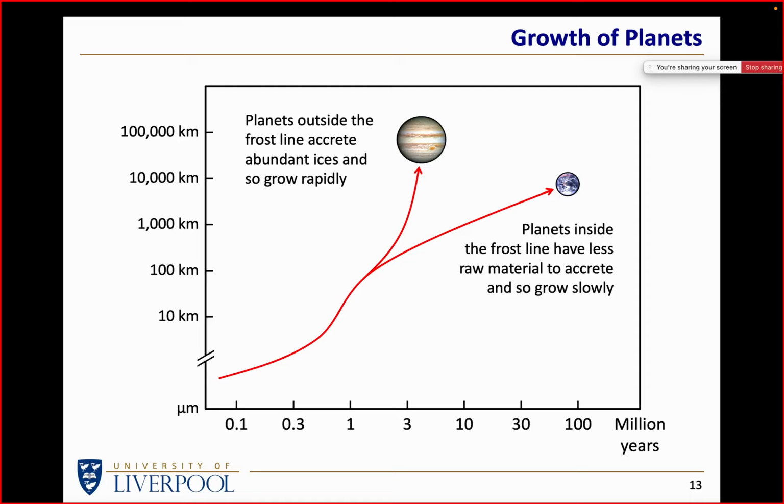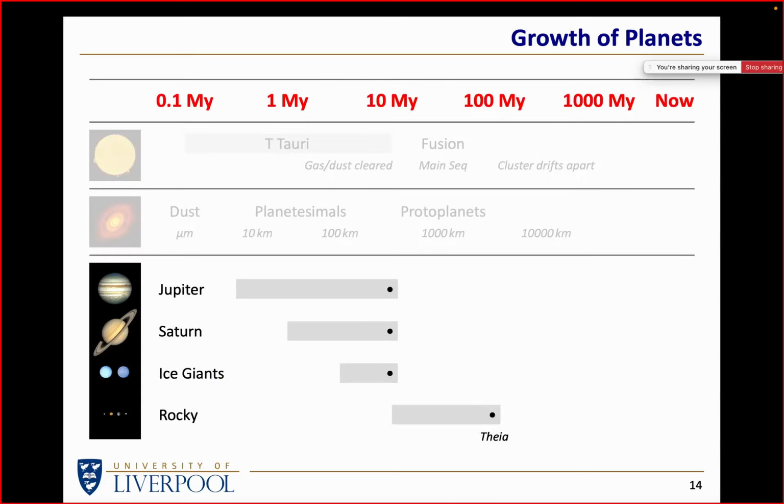So to start with, the dust grains, etc., will accumulate at similar speeds, but Jupiter will then go through this runaway phase, and after a few million years will grow very dramatically, whilst the rocky planets are still relatively small. So the frost line is very important for discriminating between what's going on with the small rocky planets and what's going on with the giant planets.